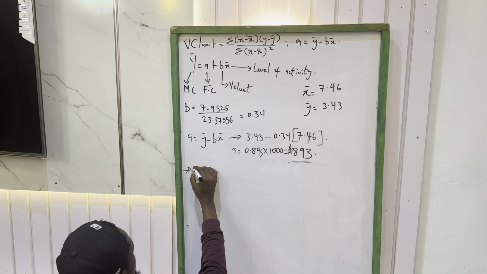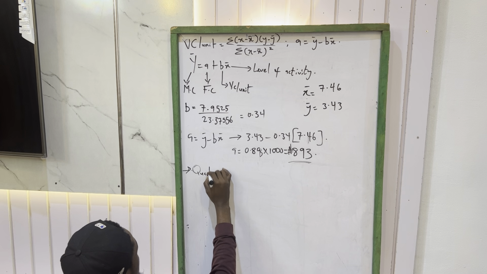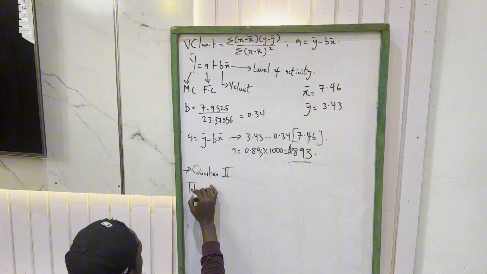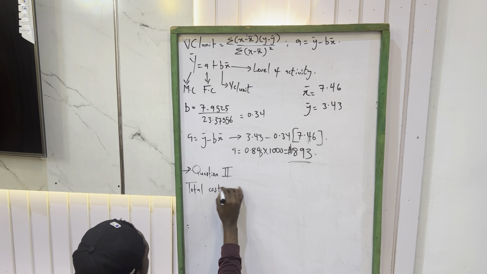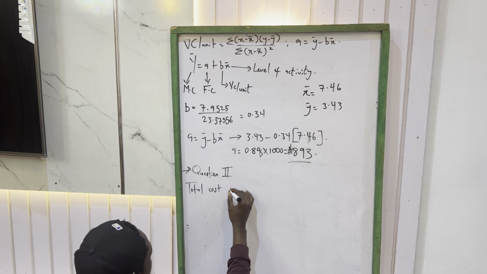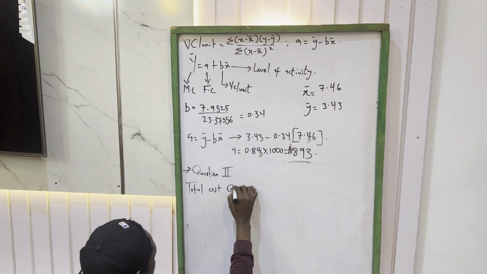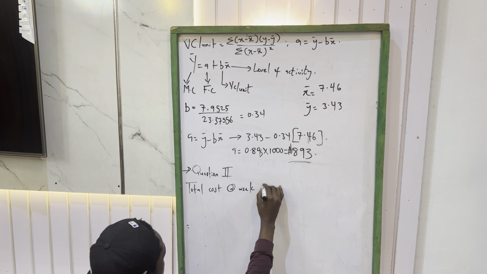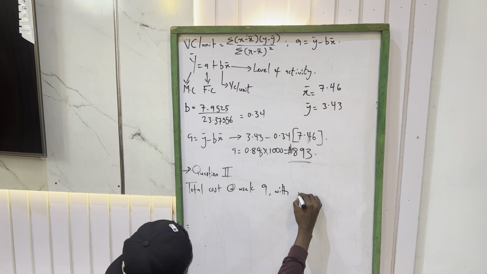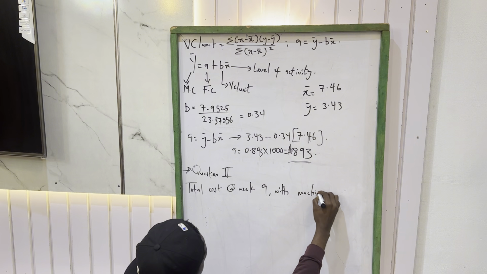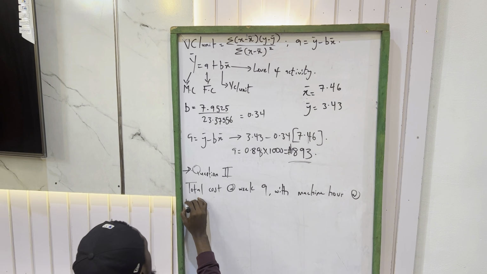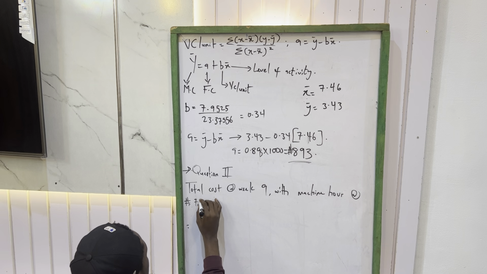What is question 2? It says total cost at week 9 with the expected machine hour at 7,200.